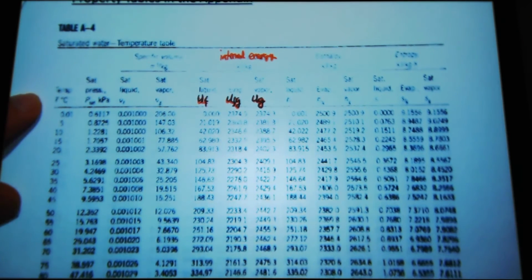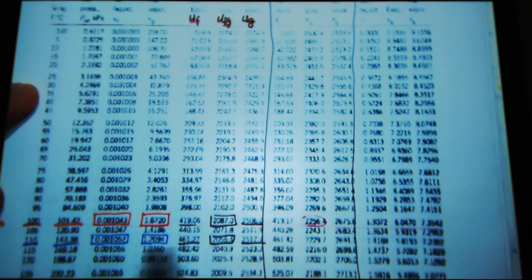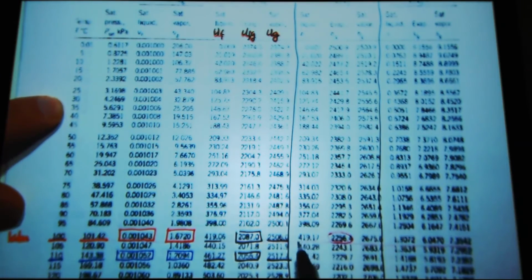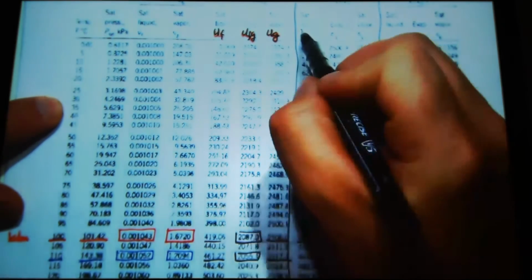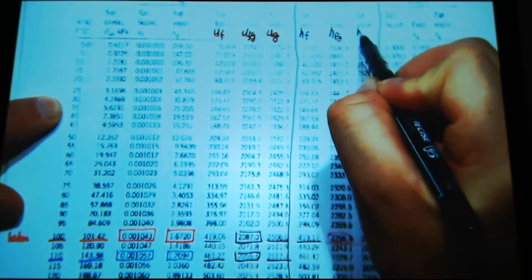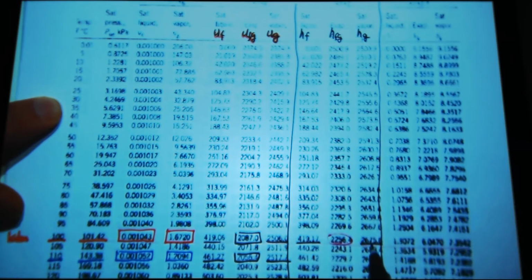So I can do that with this, and then of course I can do the same with H. So now at 100 degrees, I have my enthalpy here. So HF, HFG, HG. And if I subtract this from this, I get this number, HFG.